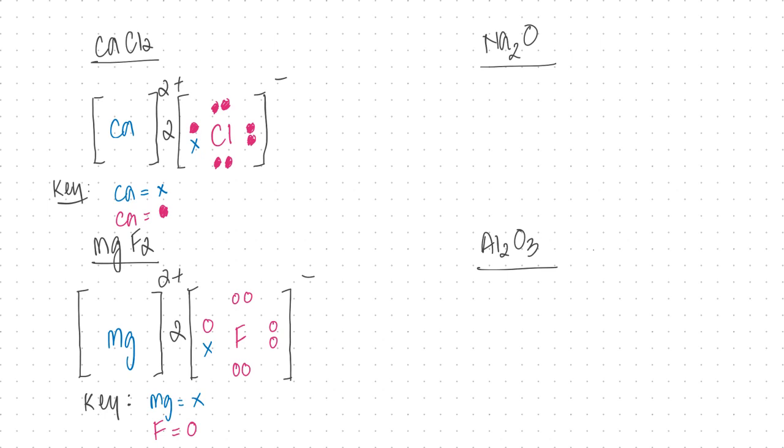Let's try sodium oxide. Very similar. Sodium is that. Oxygen is just an O. Oxygen has 6 electrons and it'll take 2 electrons from sodium, and I put the bracket on. I should make some room.